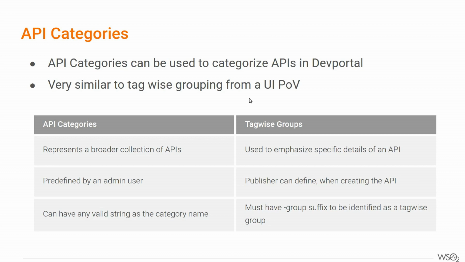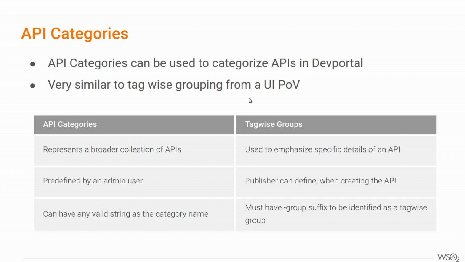API categories have to be predefined by an admin user. With the tag-wise groups, publisher has the freedom to define it when creating the API. API category names can be any valid arbitrary string, but tag-wise groups must have the -group suffix in order for them to be identified as a tag-wise group in the dev portal.